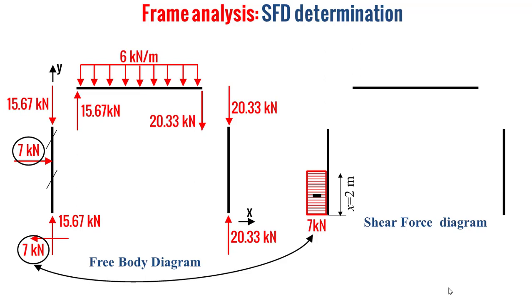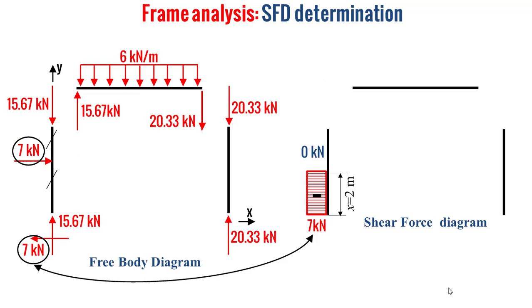And for the upper half height of the left hand column, we will have 0 kilonewton, since as I explained, this 7 kilonewton will be neutralized by another 7 kilonewton, the point load applied at the half height.